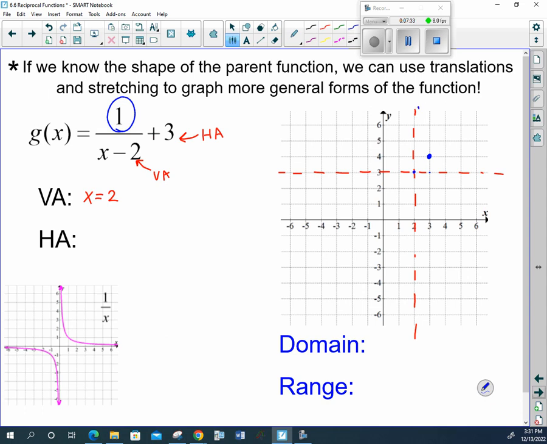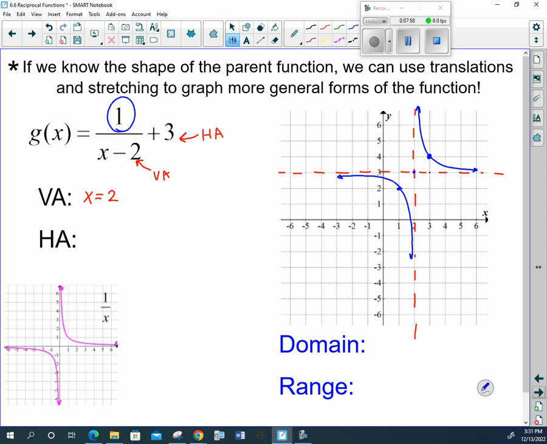So I know my branch does this. I could do this without having to go to a graphing calculator or typing my equation in my calculator to get my information. Same thing, I'm going to go the other direction. I know it's symmetric, so I'm going to go negative 1, down 1, so there's going to be a point right here. These branches are symmetric to each other, so that 1, 1 pattern works both positive and negative.